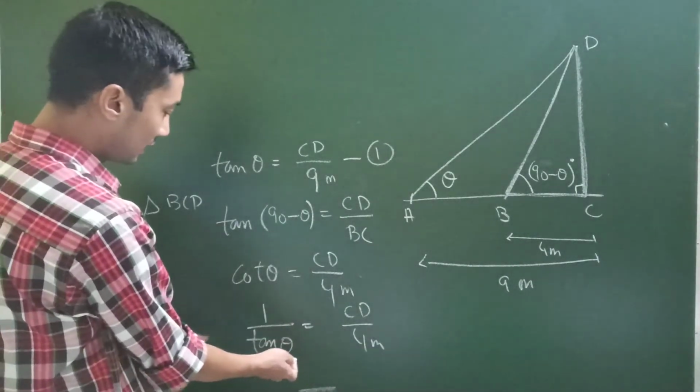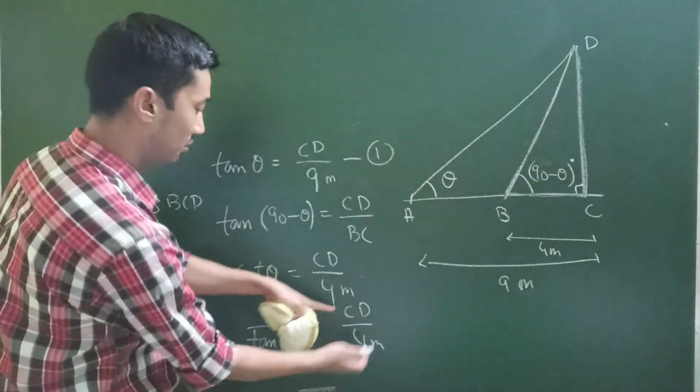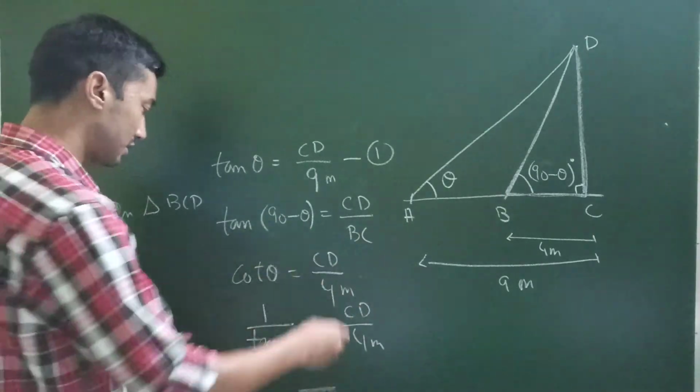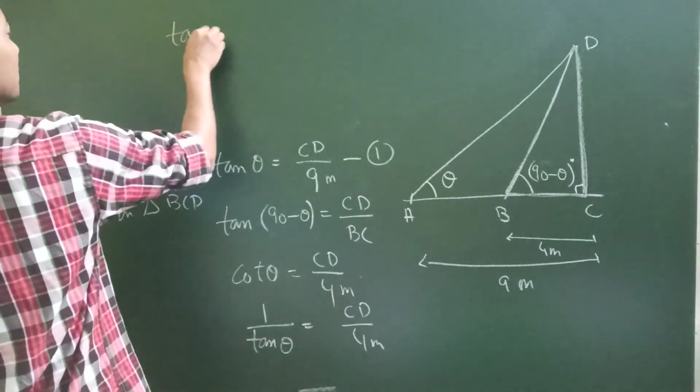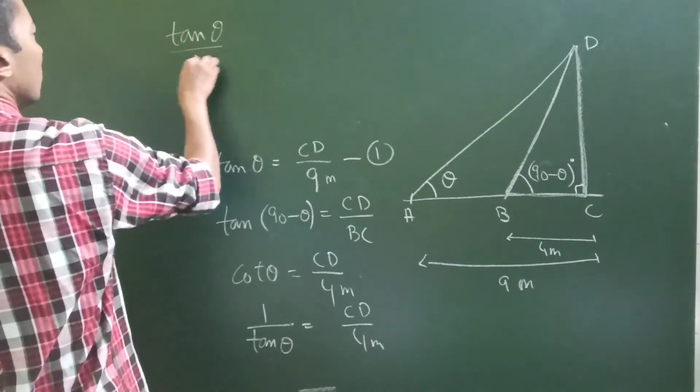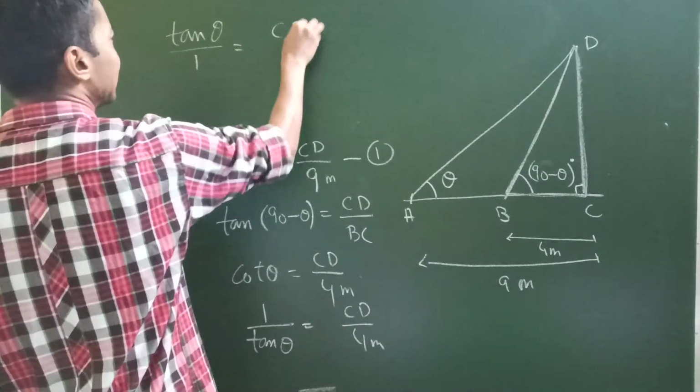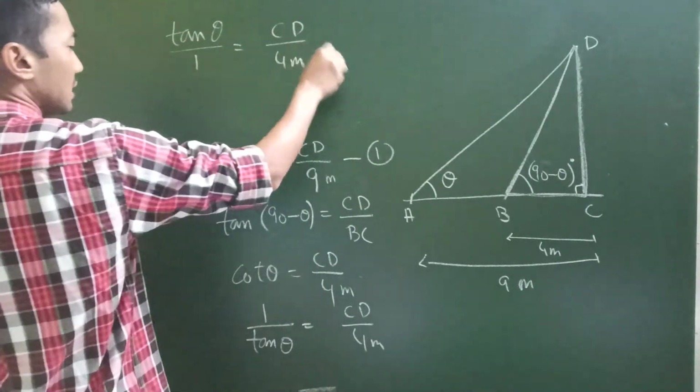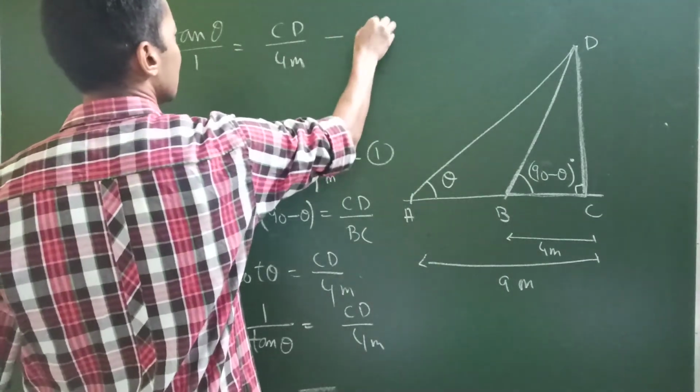Now what I'll do is I'll take the reciprocal on both the sides. Reciprocal, right? Reversing both the sides. So this becomes tan theta upon 1 is equal to CD upon 4 meter. That is equation 2.